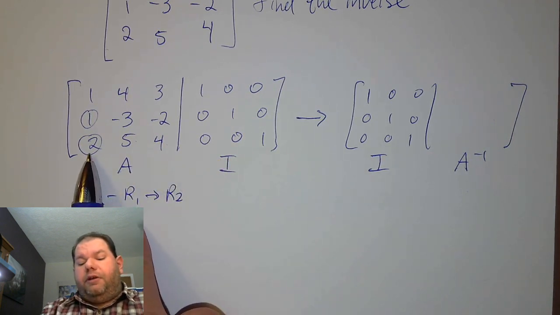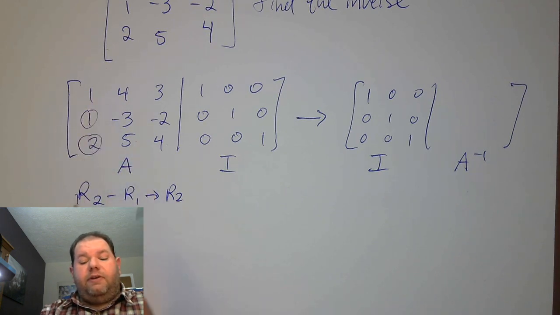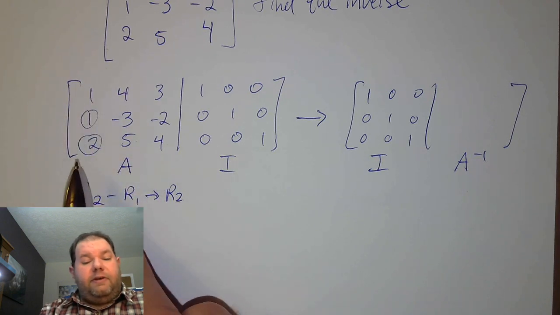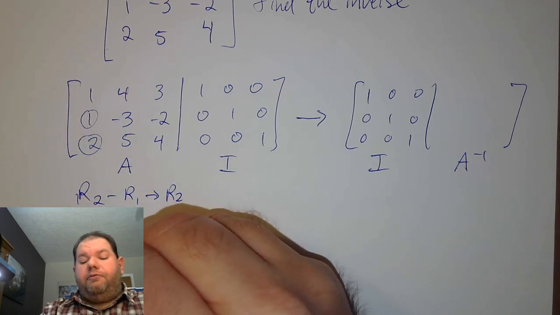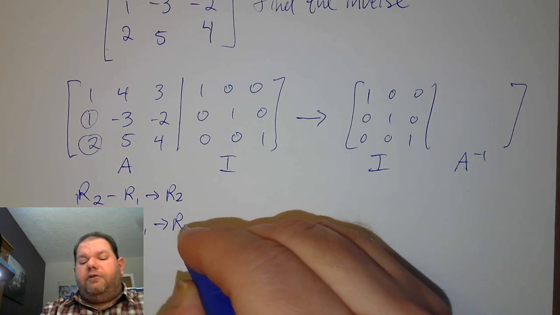Now row 3 has a 2 there, so we need to subtract row 1 twice. Because 2 minus 2 would make that a 0. So we'll do row 3 minus 2 times row 1. That'll result in a new row 3.